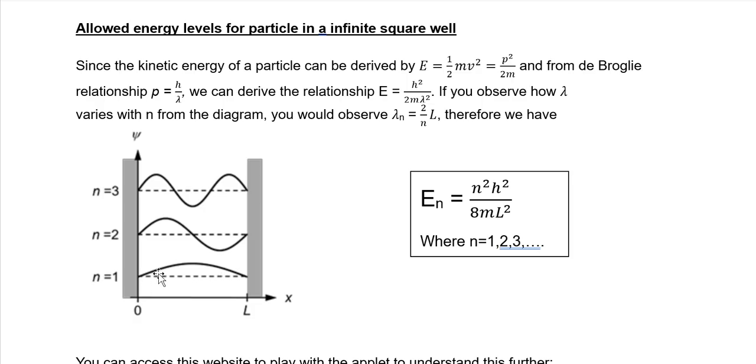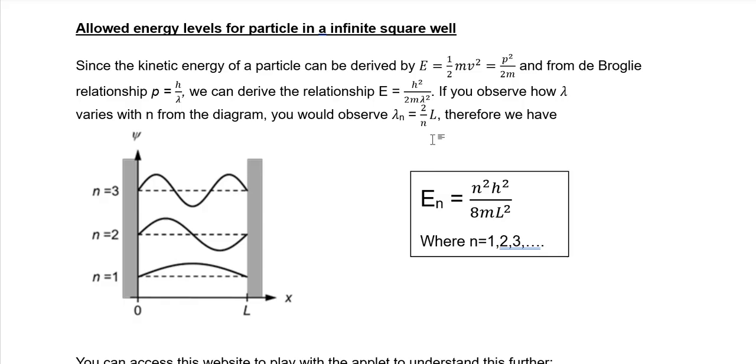So if n equals 1, lambda equals 2L divided by 1, then isn't that lambda equal to 2L? You can try that for n equals 2 and n equals 3. This is the relationship between lambda, n and L. You can derive it from drawing this graph, so I wouldn't memorize this.